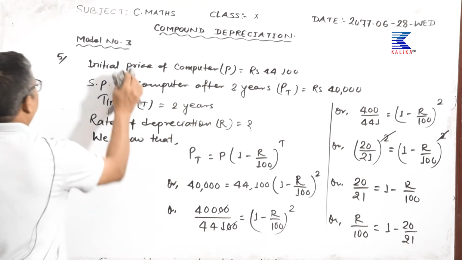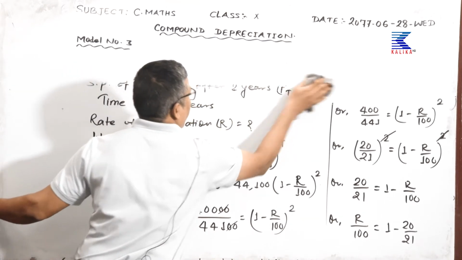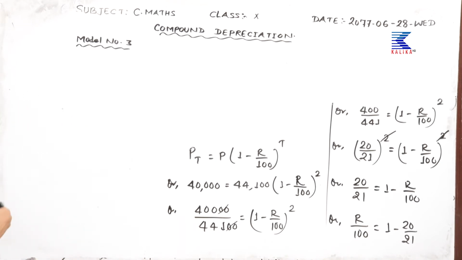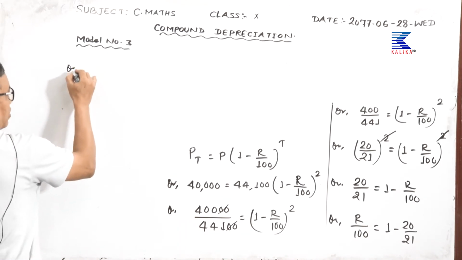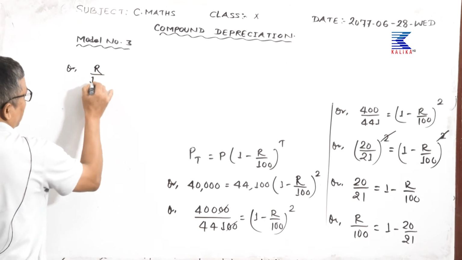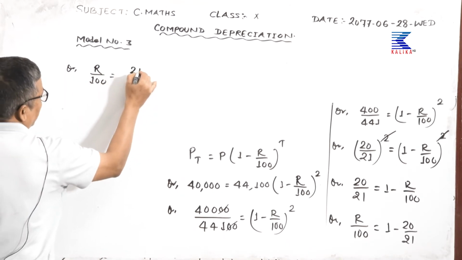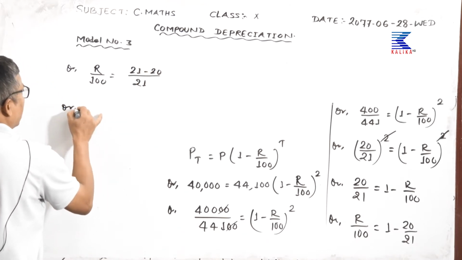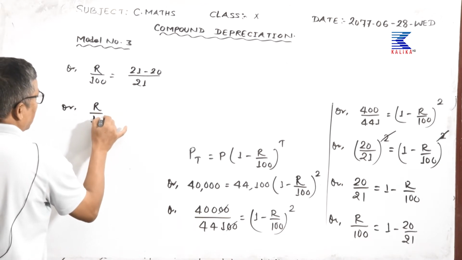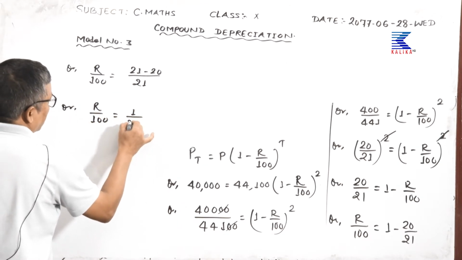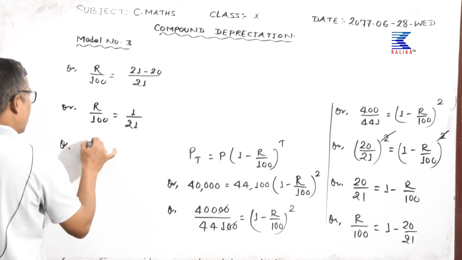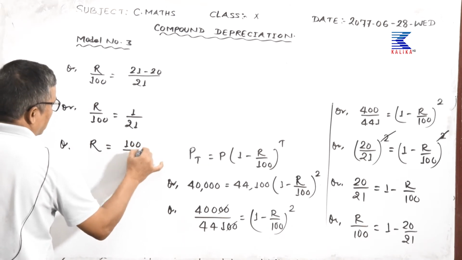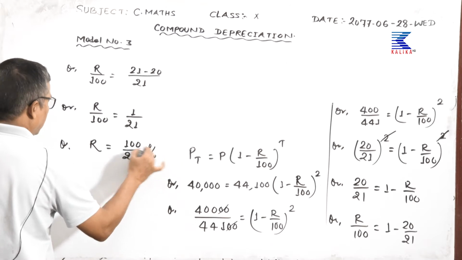And next step, R by 100 is equal to (21 minus 20) divided by 21, or R by 100 is equal to 1 by 21, or R equal to, by cross multiplication, 100 divided by 21 percent.